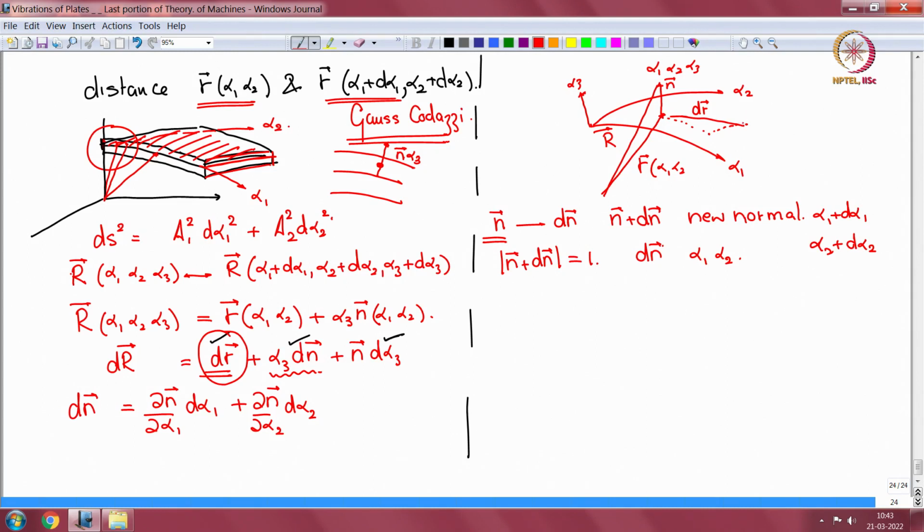So, if we move dr distance right here, and then we have alpha 3, let me change this, alpha 2 is here, then I have my original normal direction like this, and let us say this is alpha 3, then I have to move a certain distance del n del alpha 1 d alpha 1 in the alpha 1 direction, then I move in the del n del alpha 2 d alpha 2 alpha 2 direction.